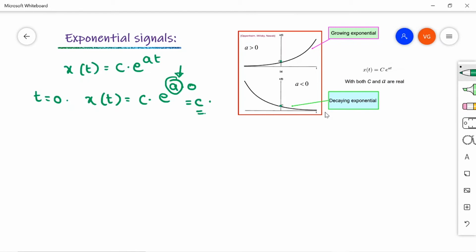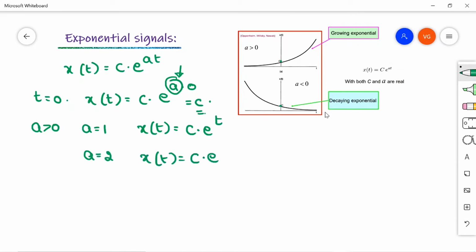Now, suppose if a is greater than 0, take a is equal to 1 in first case, then x of t value will be c into e power t. Suppose take a is equal to 2 in the second case. X of t will be c into e power 2t. Right. So the basic value is c, that is multiplied by e power t, that is multiplied by e power 2t.